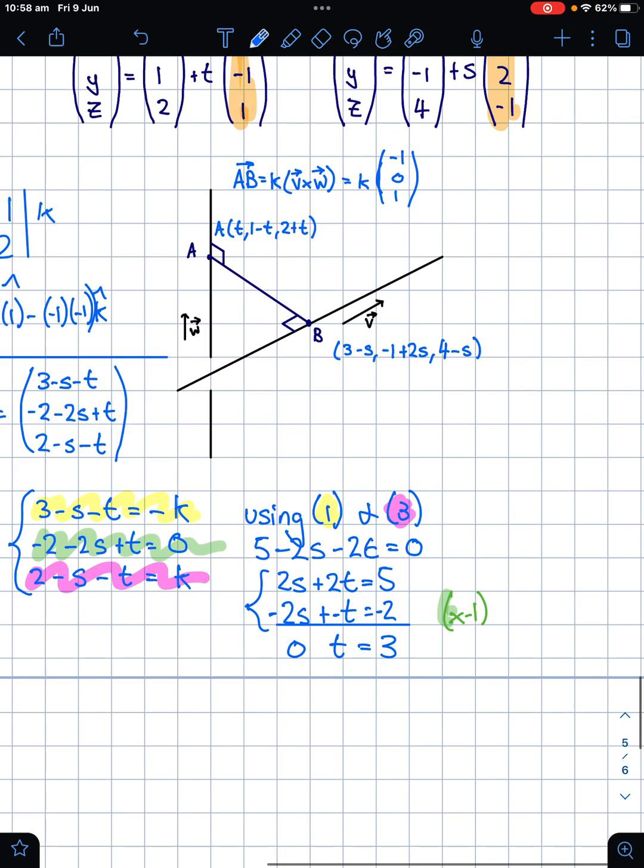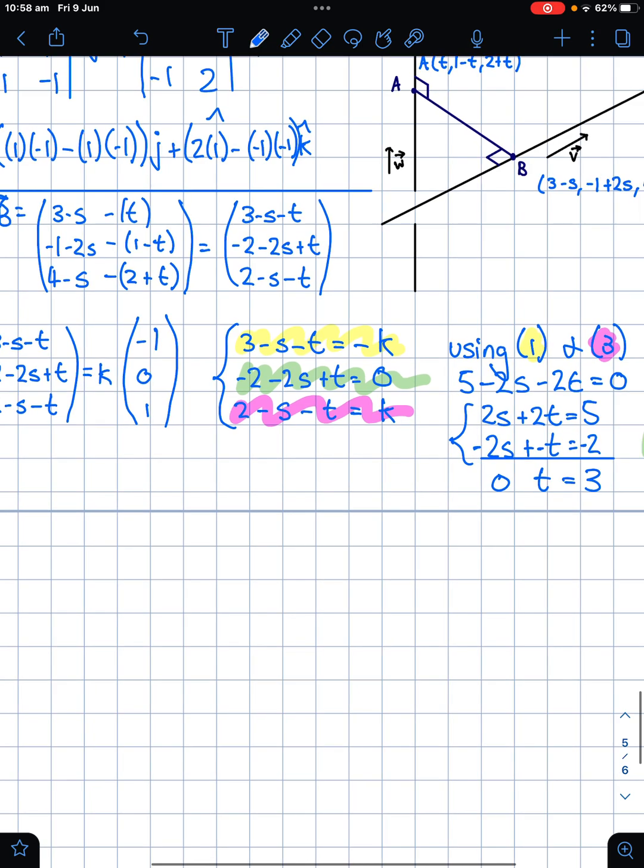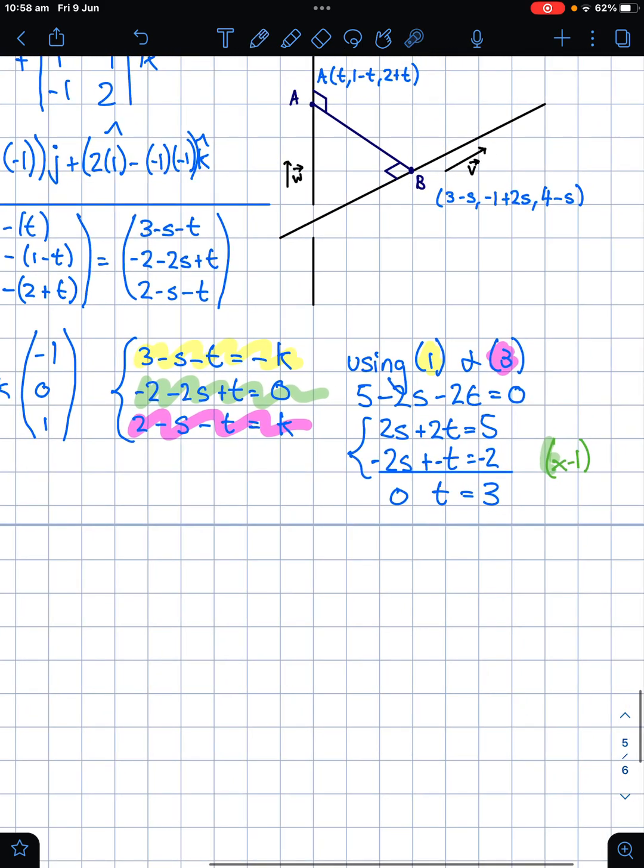Now we've got t equals 3, you could actually figure out this point here. And we just need to figure out what s is, which means we sub that into any of these equations. Preferably this second one.